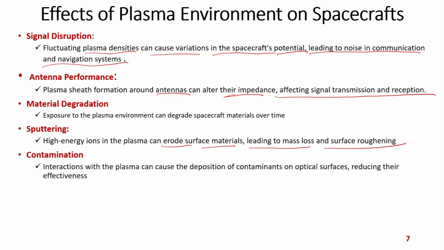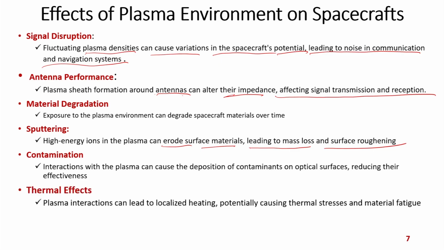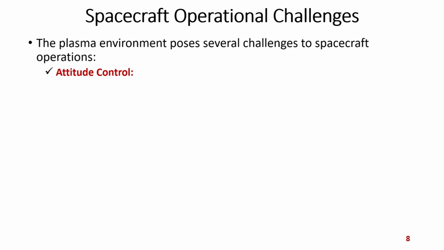Then contamination. Interaction with the plasma can cause deposition of contamination on optical surfaces, reducing their effectiveness. There can also be thermal effects, because plasma interactions can lead to localized heating, potentially causing thermal stresses and material fatigue.